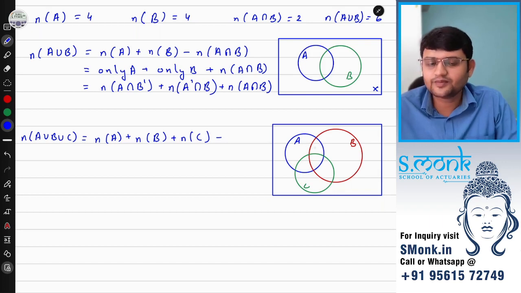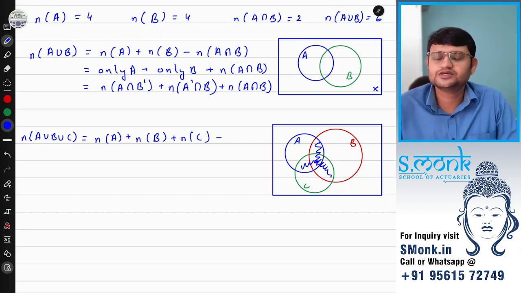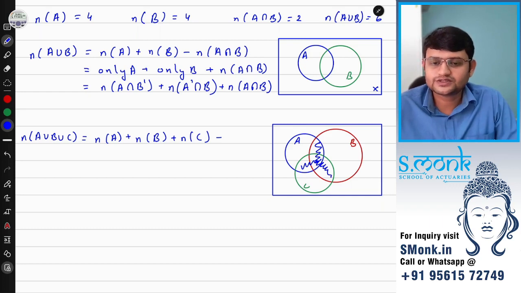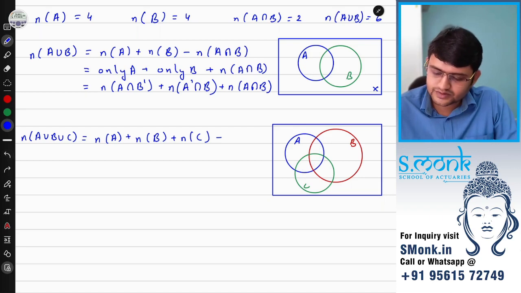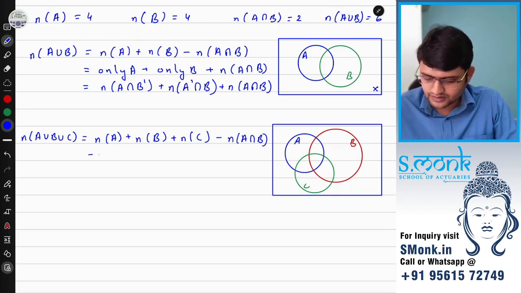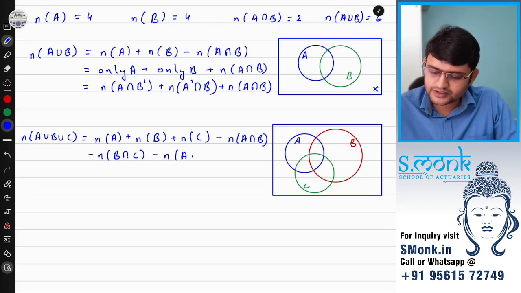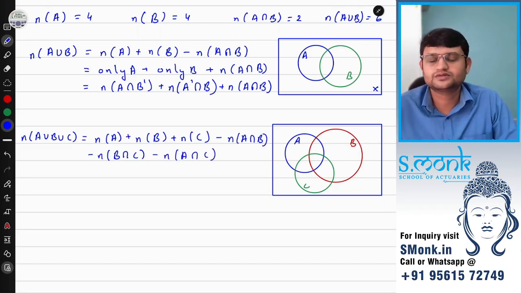When I'm adding up A, B and C, the common regions, that is A intersection B, A intersection C and B intersection C, have been added twice. I need to remove that once. So A intersection B I'll subtract, B intersection C and A intersection C I'll subtract.